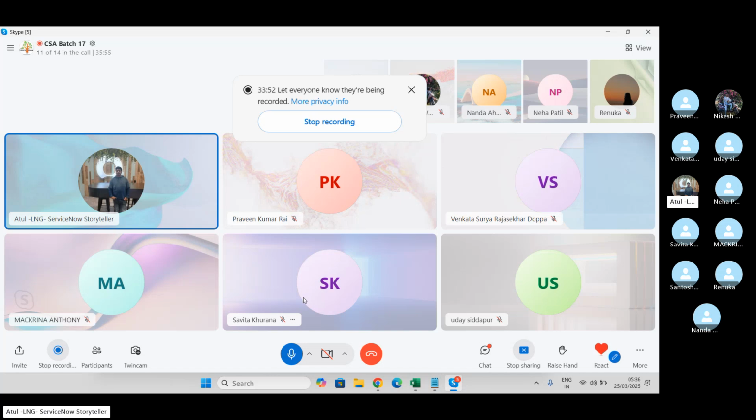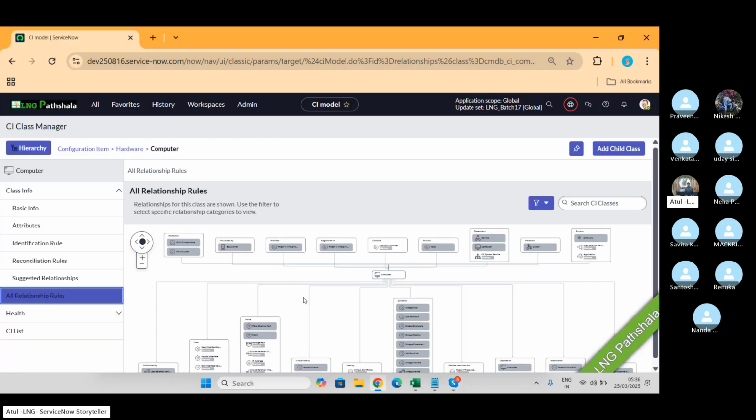A new family has been added. So in the same manner, every CI class has its own relationship. And there are different types of relationships. Like I said, daughter-in-law, bhabhi, chachi, mami, tai, jethani, devrani, these are the types of relationships.